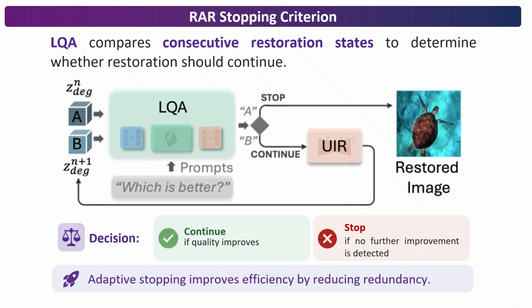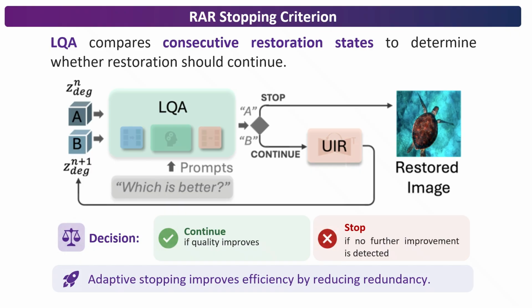To devise a stopping criterion for the proposed RAR process, we again use the LQA model. Our LQA model is based on Depict QA. This is an IQA that can compare pairs of images. We therefore re-enlist it to define a stopping criterion.